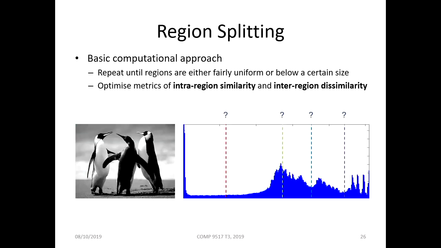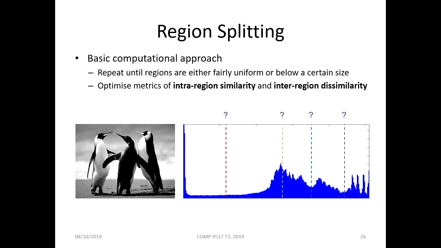But you can repeat this. Once you've done a first pass using, for example, thresholding and some method that automatically computes the threshold, it will first separate the two biggest peaks in the histogram. Then you consider all the pixels that belong to one side of the histogram and recompute a threshold there, and you can iterate this until you're satisfied.